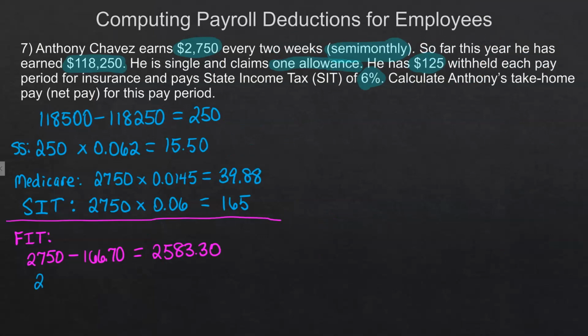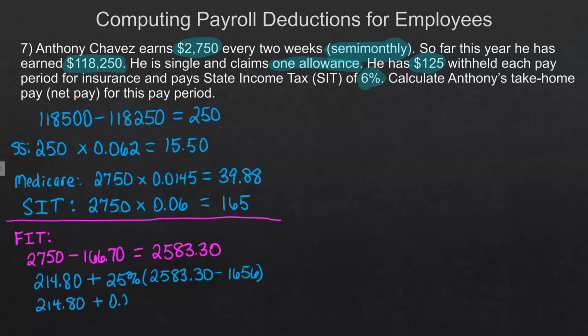So it's $214.80 plus 25% of the excess over $1,656. So we subtract, and then we calculate that times 25%.